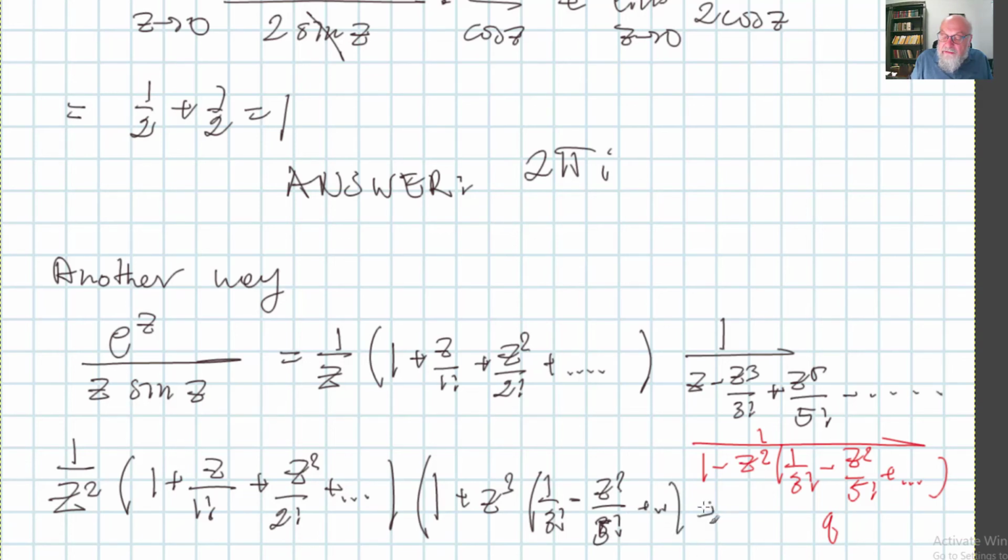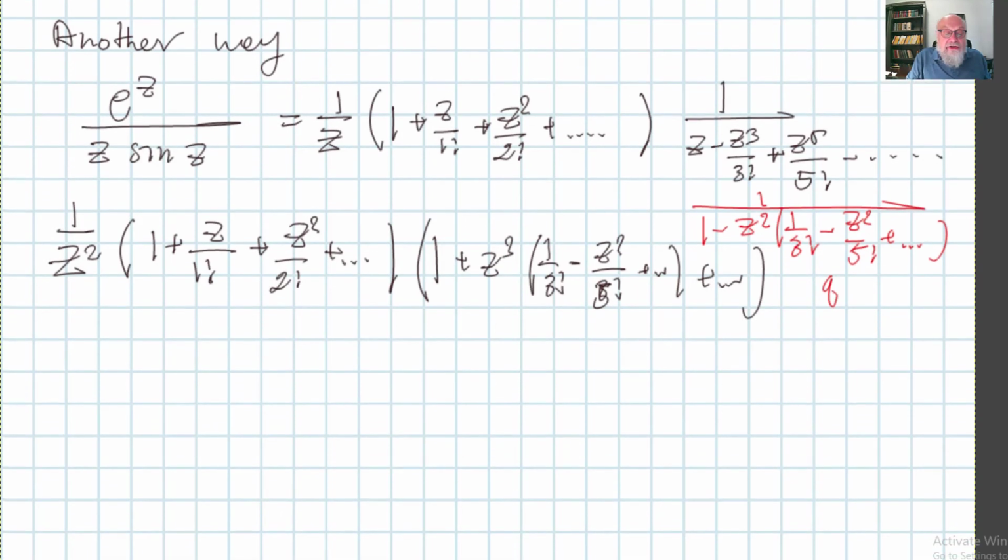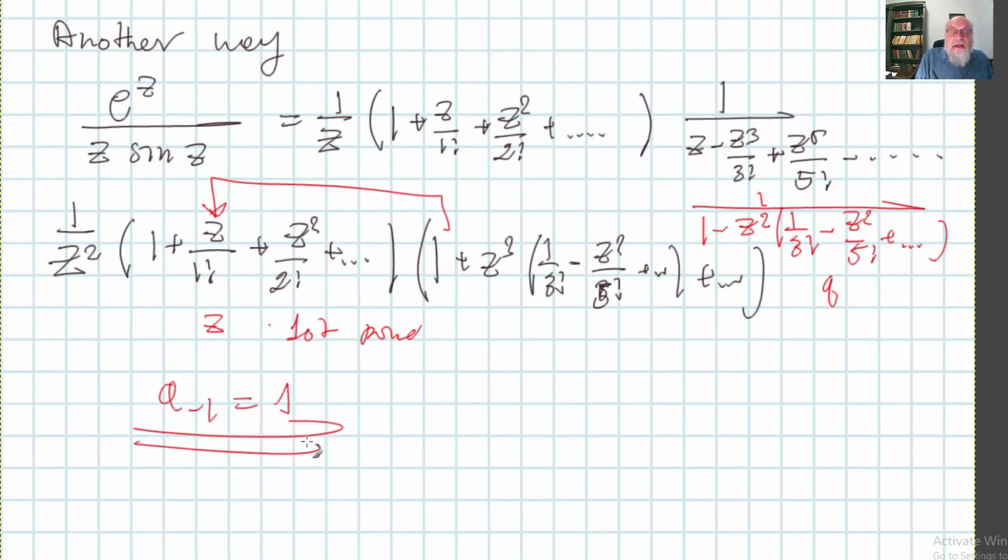And then you just look at which are the powers. Since this is z squared, we are looking for the first power. And that's clear, that's the one. There are no other first powers. So in such a case, a minus 1 is equal to 1. And that's the same residue that we obtained using the limits.